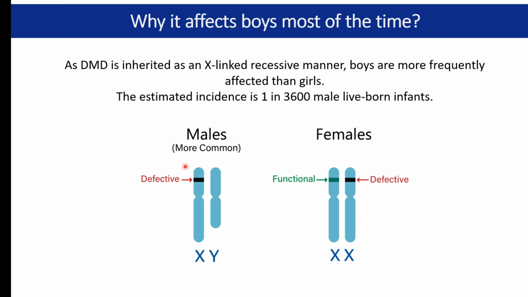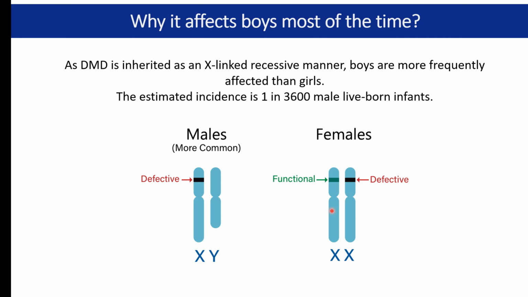Suppose a male's X chromosome is defective, carrying the defective gene. Definitely this male is going to be affected, because he has no other X gene to provide the functional gene.